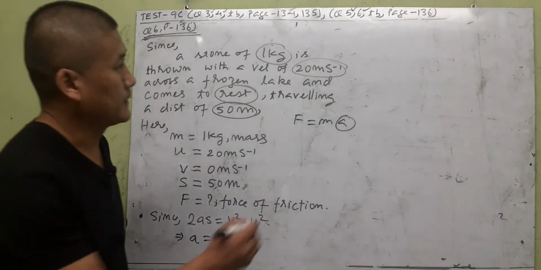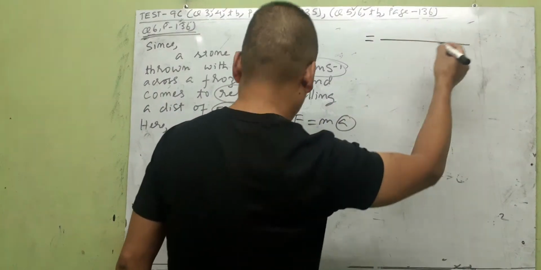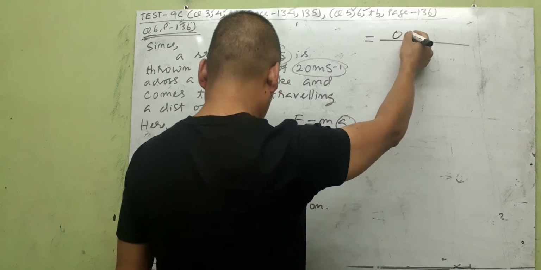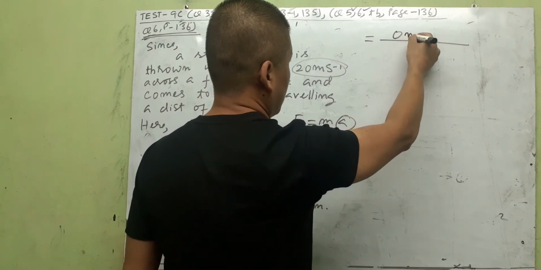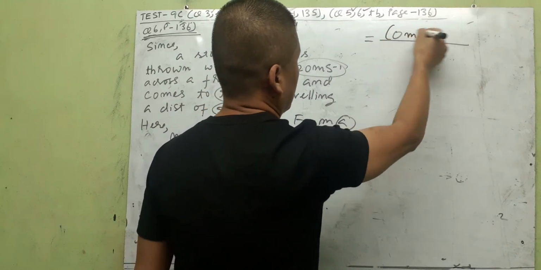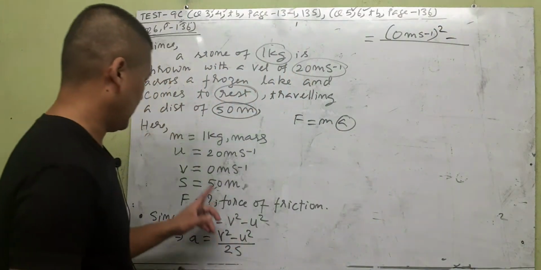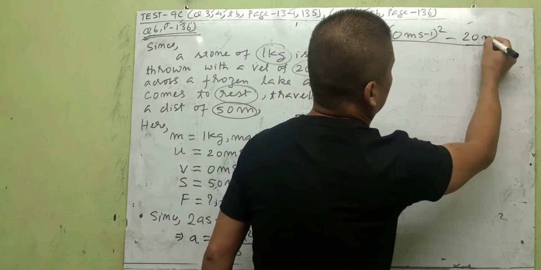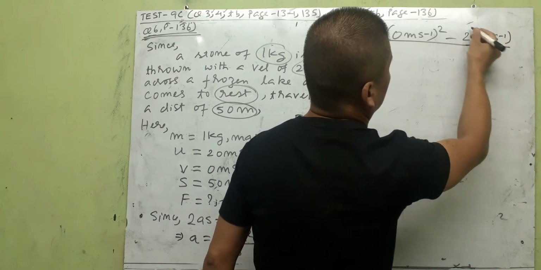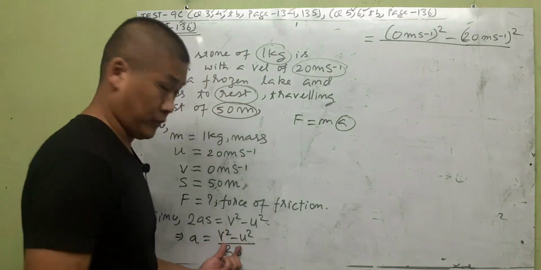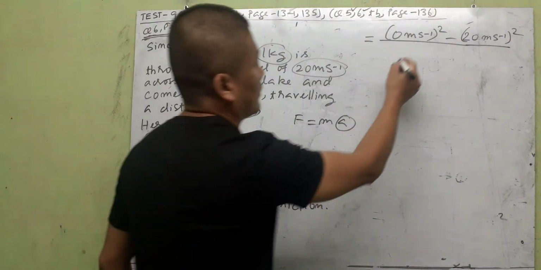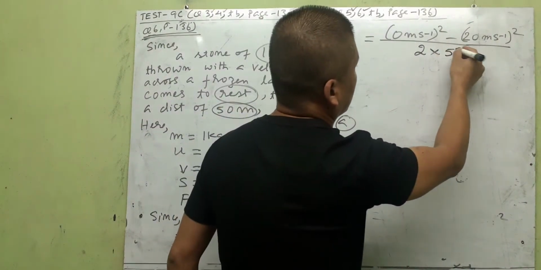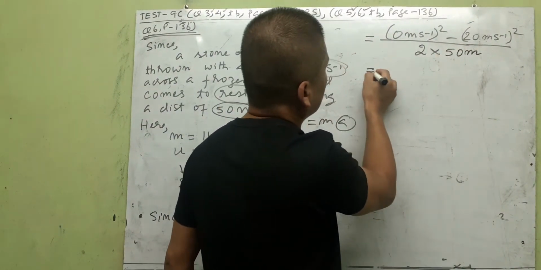So that will give you v square minus u square, meaning 0 meter per second whole square minus u square, here u is 20 meter per second, the whole thing squared, divided by 2s. 2 into s is 50, so we write here 50 meter. 0 can be neglected.